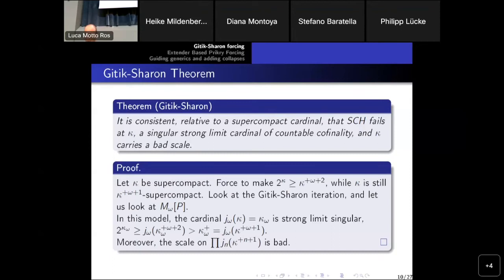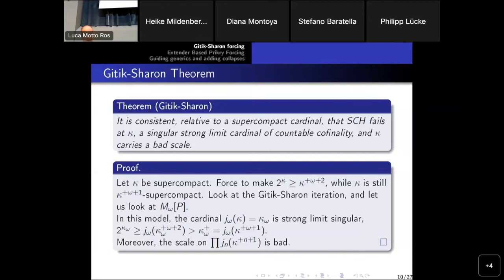Oh, shoot, it's a power. First, to make 2 to the kappa large, let's say above kappa plus omega plus 2. And look at the Dietrich-Sharon model, M omega. Now, in this model, what happened? In this model, kappa omega is going to be quite large, way above j of kappa, but we didn't need to know that.